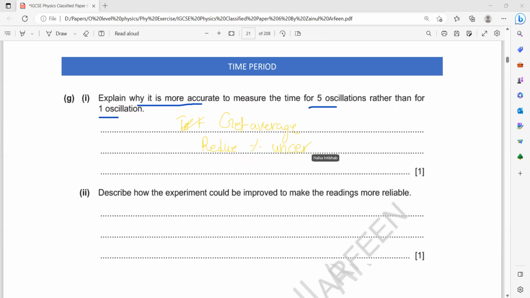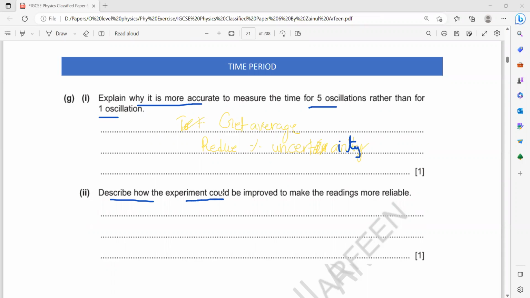Like we will be more certain in our values, the percentage uncertainty in the result will be reduced.